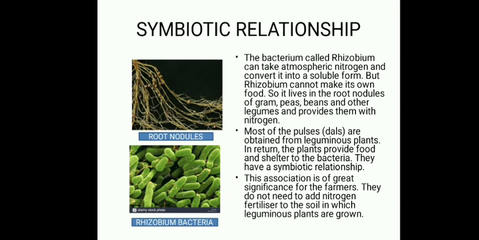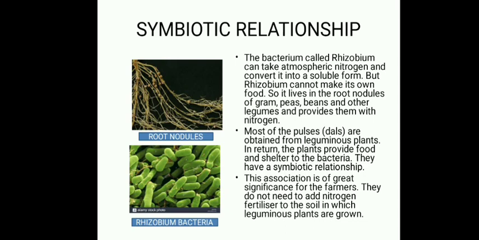So how do they help each other? How do they form a symbiotic relationship? The nodules of legumes provide the bacteria a place to stay, or shelter, whereas the bacteria can fix nitrogen.